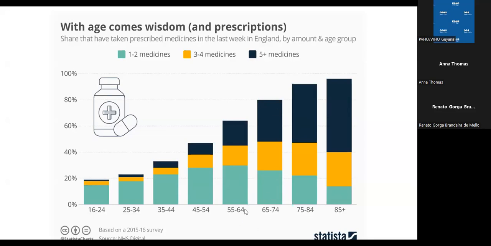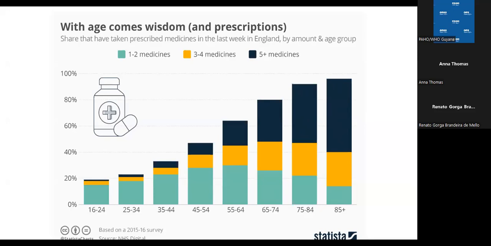And if you carefully look at this bar here, you will see that more than 20% of patients from 65 to 74 years are taking 5+ medications. 75 to 84 years, more than 30% are taking more than 5 medications. And in the very old subgroup, it's almost half of patients using 5+ medicines.